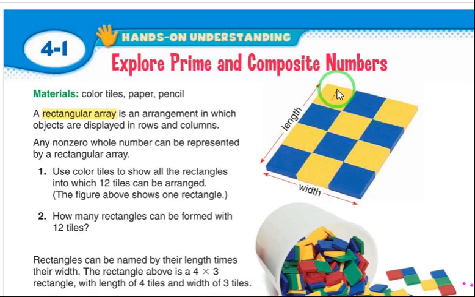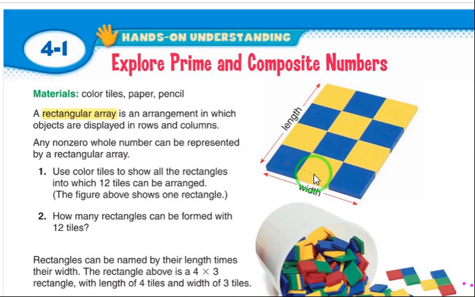And because we know that 3 times 4, the answer is 12, this rectangular array shows number 12 in a rectangular shape. Okay? Now, how many rectangles can be formed with 12 tiles? I can set the length as 6 and the width as 2.